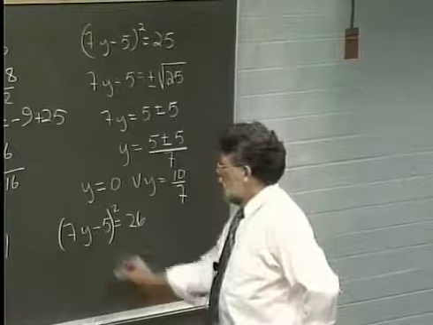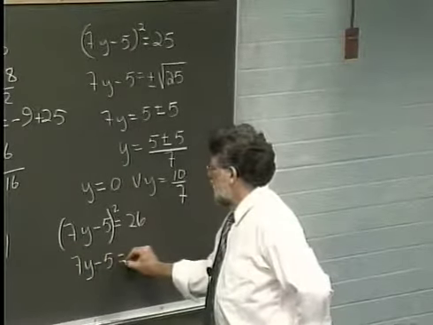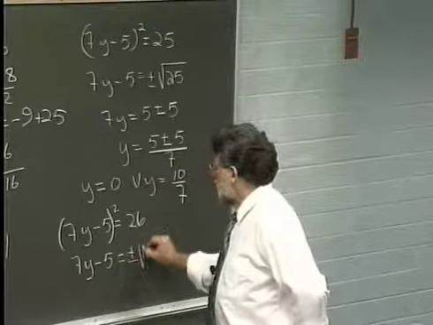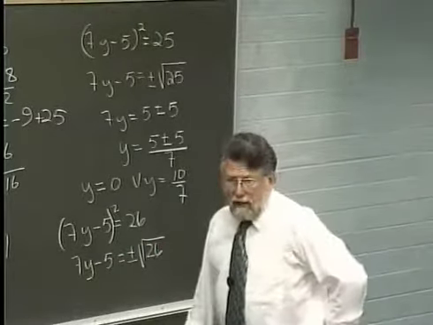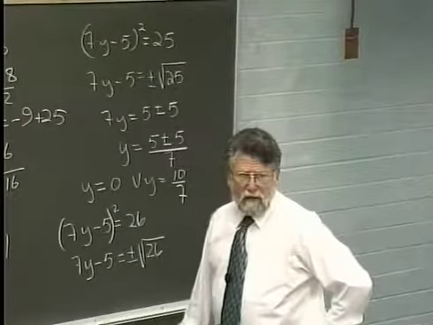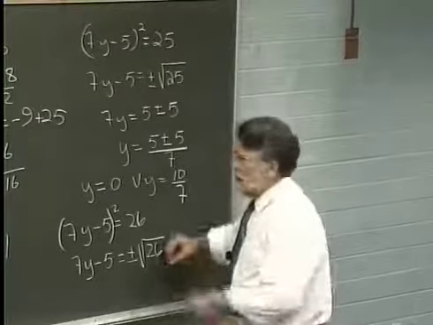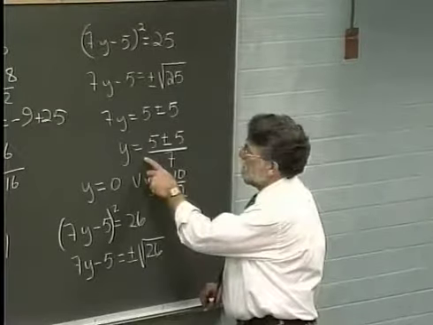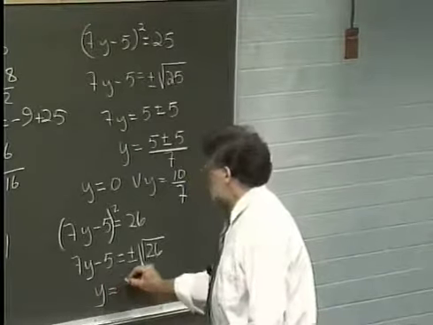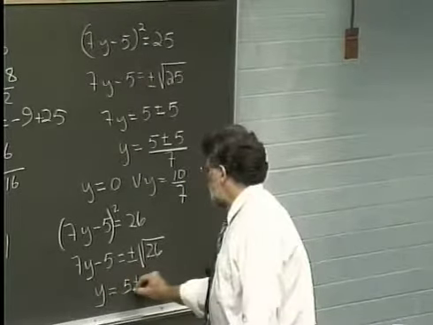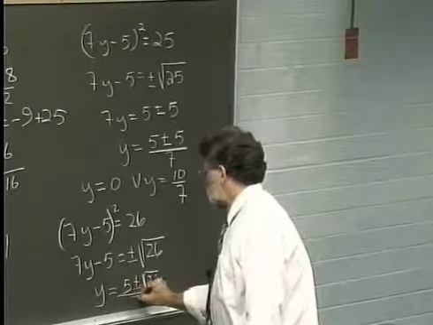Same argument, 7y minus 5 equals plus or minus the square root of 26. And I can't do anything with the square root of 26 at the moment. So if I look at this solution in exactly the way I did this one, then I would say that y is equal to 5 plus or minus the square root of 26 all over 7.